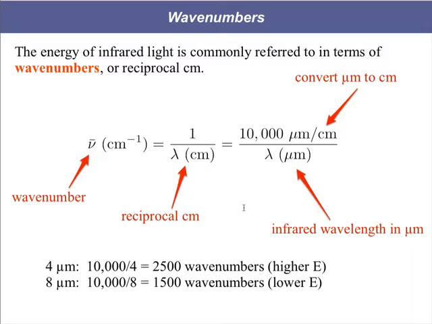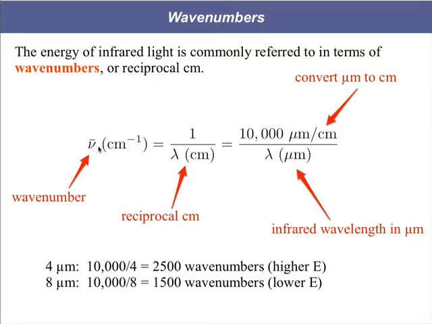We take the infrared wavelength in micrometers. We convert micrometers into centimeters. There are 10,000 micrometers per centimeter. And then we invert those centimeters, so we have centimeters to the -1 power. We call those wave numbers. An inverse centimeter, reciprocal centimeter, is a wave number.